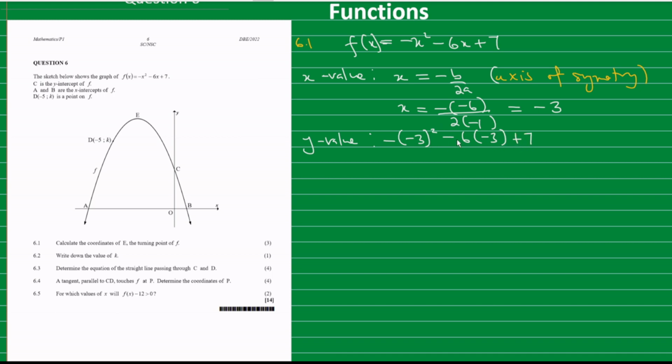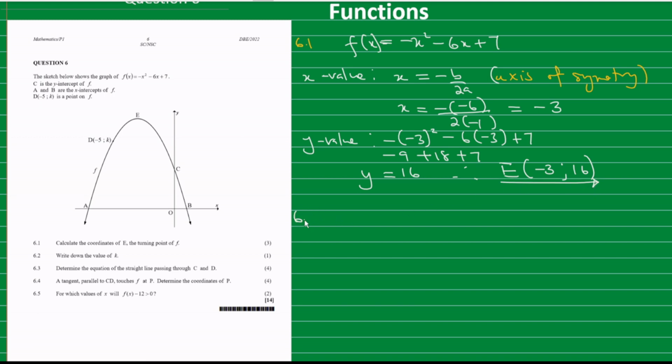This is negative 9 plus 18 plus 7, so our y will be equal to 25 minus 9, which is 16. Therefore, the coordinates of E: the x value is negative 3 and the y value is 16. That answers that question.